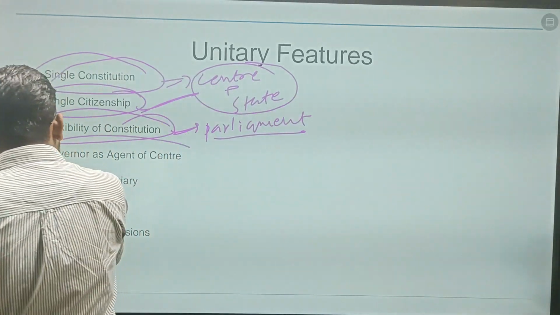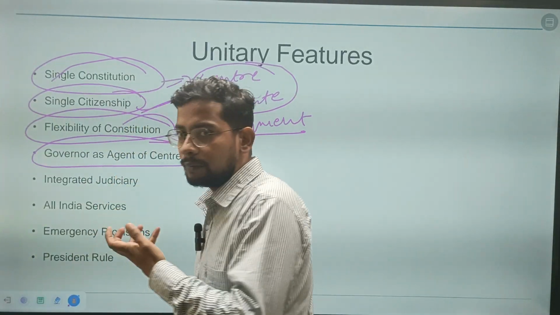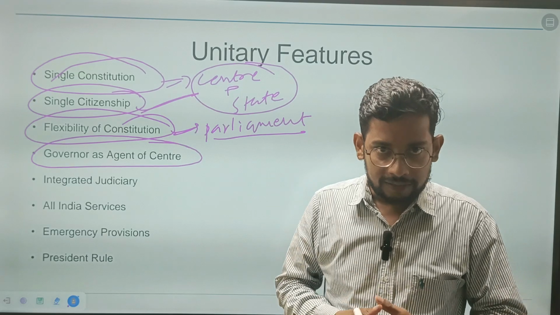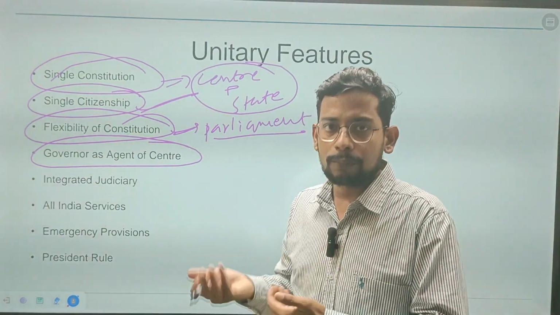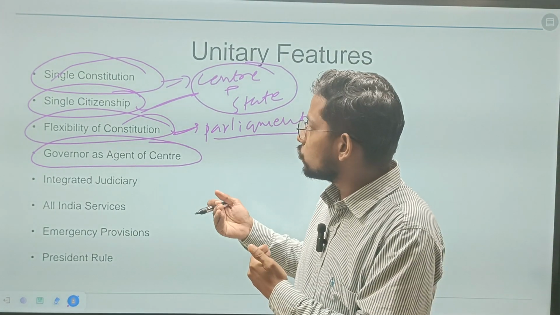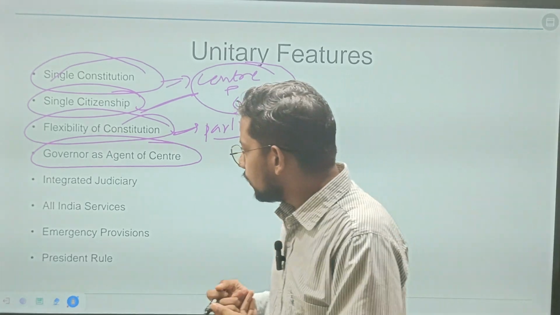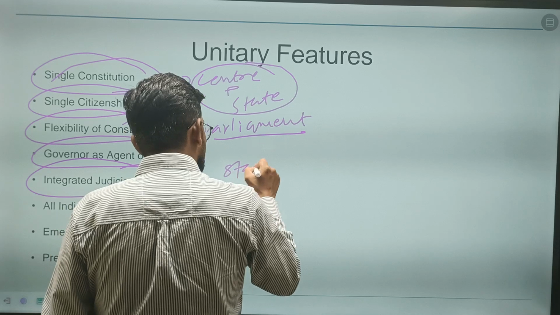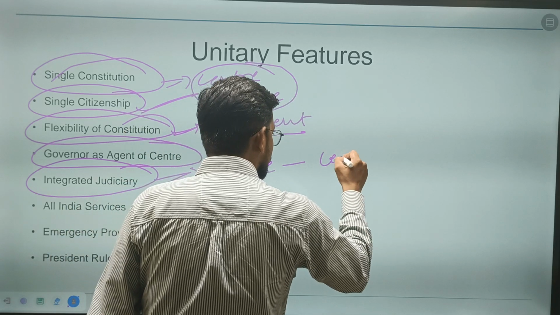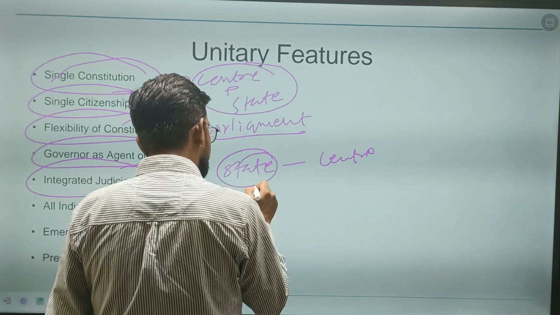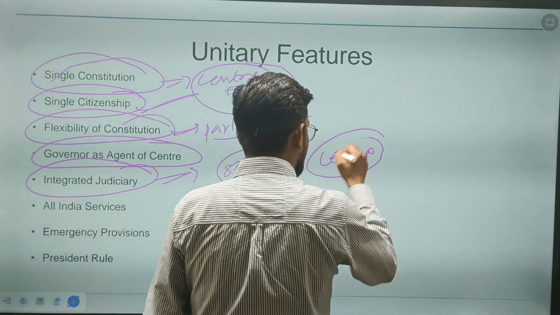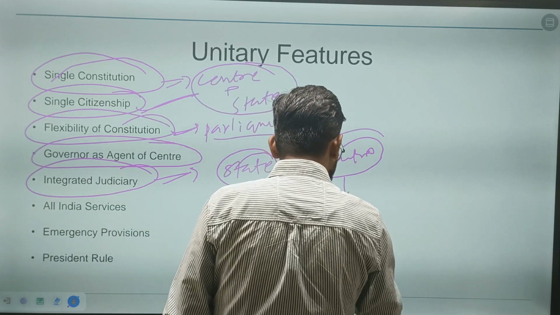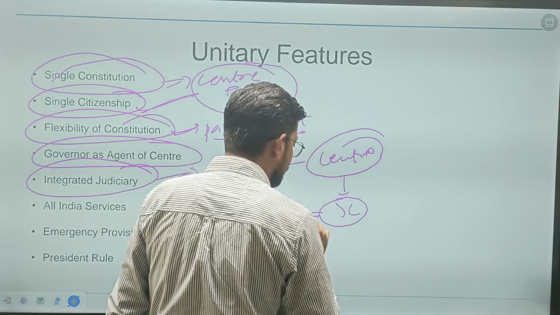Then the appointment of governors. Who are the governors? Governors are the agents of the central government. They work on behalf of the central government. So this also makes our constitution unitary. Then integrated judiciary. There is a high court at the state level and the Supreme Court at the central level, and this is integrated.